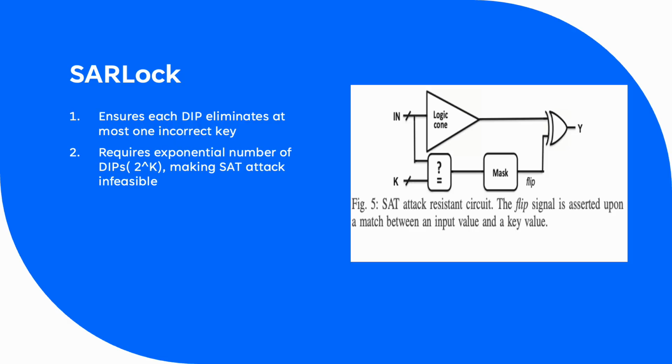In SARLock, the attacker would need an exponential number of DIPs, specifically 2 to the power of k, where k is the number of key bits, to break the locking. For example, if there are 64 key bits, the attacker would need 2 to the power of 64 DIPs, which is computationally infeasible. This makes the SAT attack infeasible in practice, as the time required increases from minutes to hours or even days.